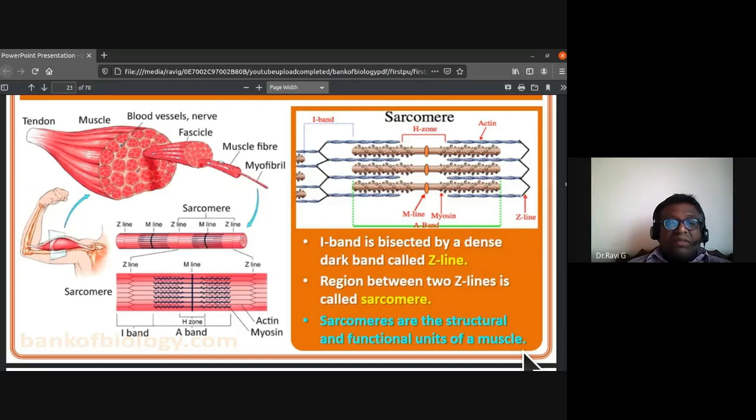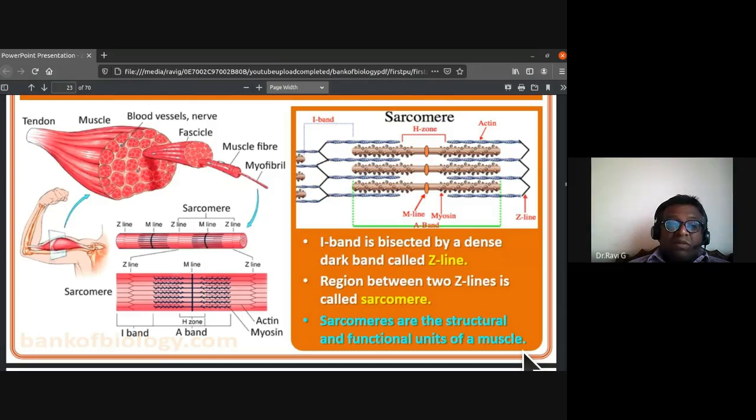So within this anisotropic band, at the middle region, they are lighter, and you can notice that they are made up of only myosin. This lighter zone we call the H band or H zone. There is a line passing through the center, which we call the M line. Also, we can notice in this isotropic band there is a dense line.